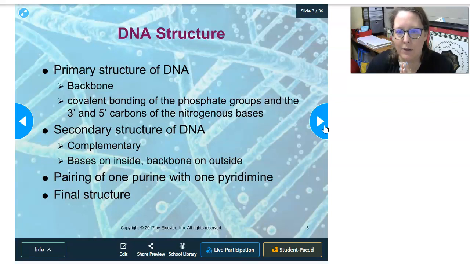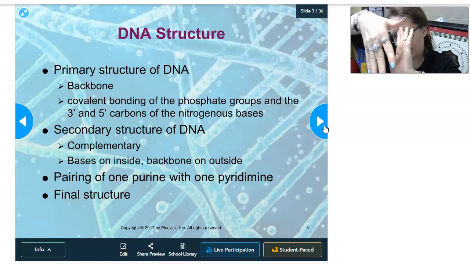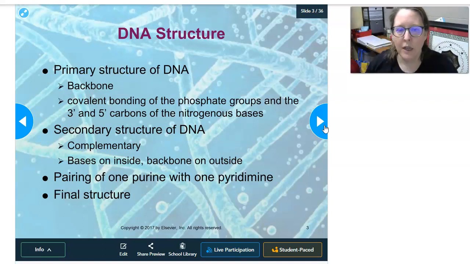The secondary structure of DNA is that the strands are complementary, meaning they're matched. Wherever there's an A, it matches to a T. Wherever there's a C, it matches to a G, and vice versa. Whenever there's a T, there's an A on the other strand, and whenever there's a G, there's a C on the other strand. Also, those strands are anti-parallel, so they go in opposite directions.